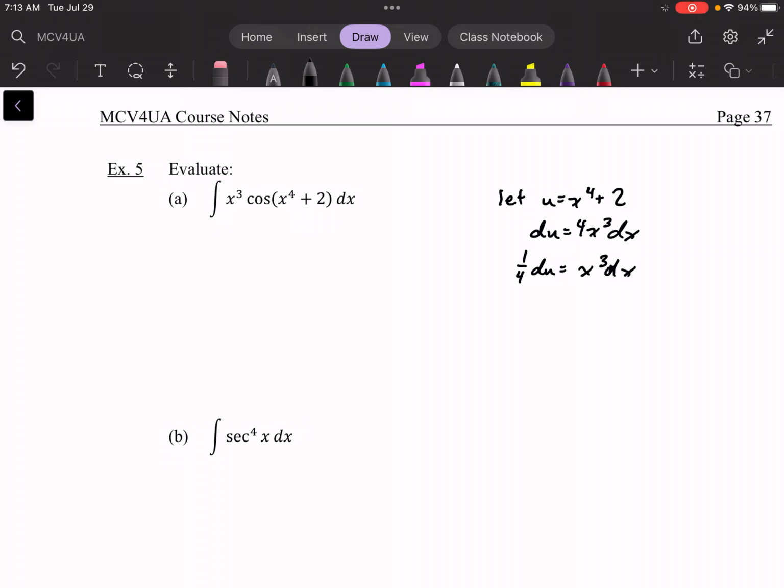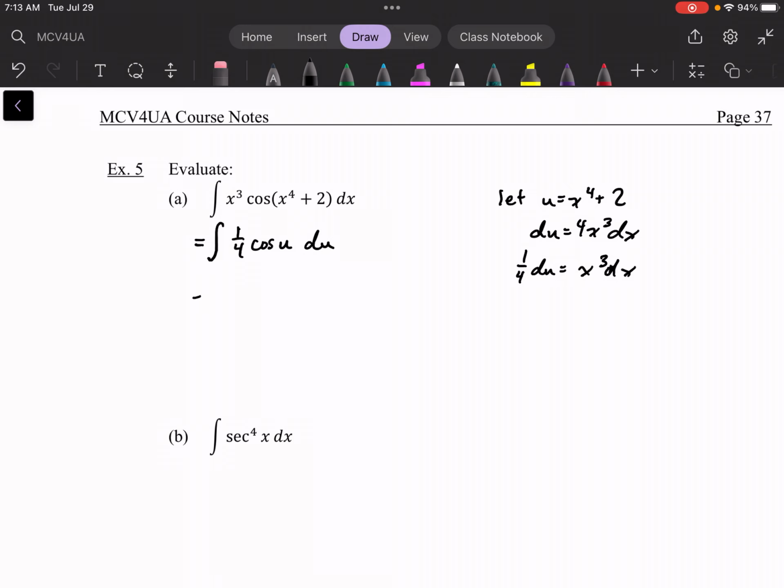So now I go back and I'm going to replace what I have. I'm replacing x cubed dx by 1/4 du. I'm going to place it right here. And then I replace the x to the 4 plus 2 by cosine u.